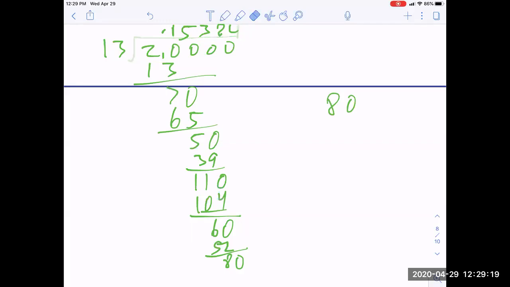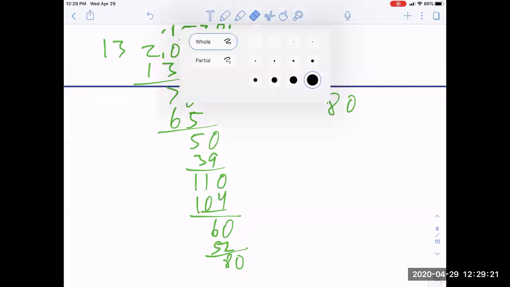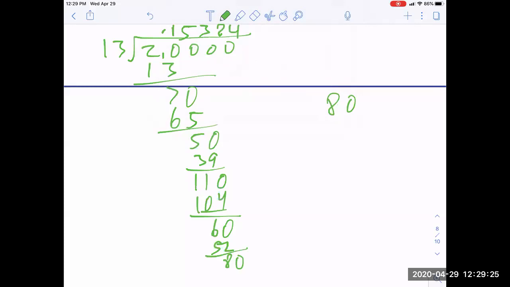Oh no. I just hit erase. I don't want that. Okay, so now we're at 80. There's a 6 here, because that's 78. We subtract. Oh, yay. That's where we started.